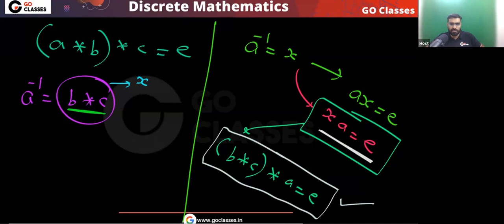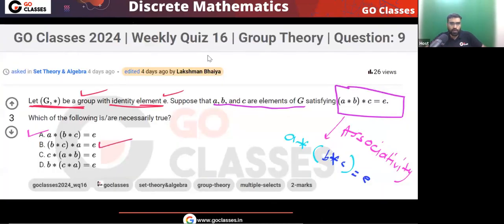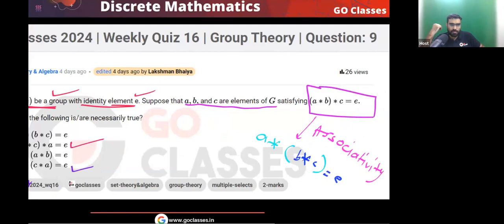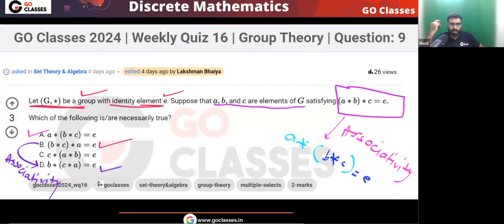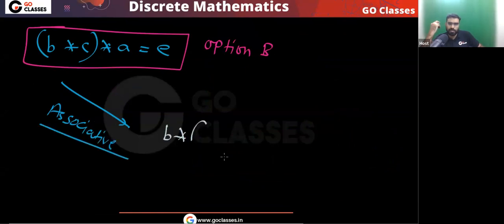So easily you can see I got option B. If I got option B, then using associativity, I can get option D. Just apply the associative property, and you will get B star C star A equal to E.